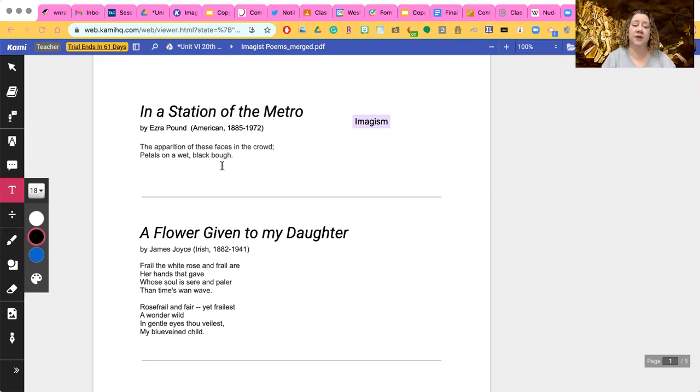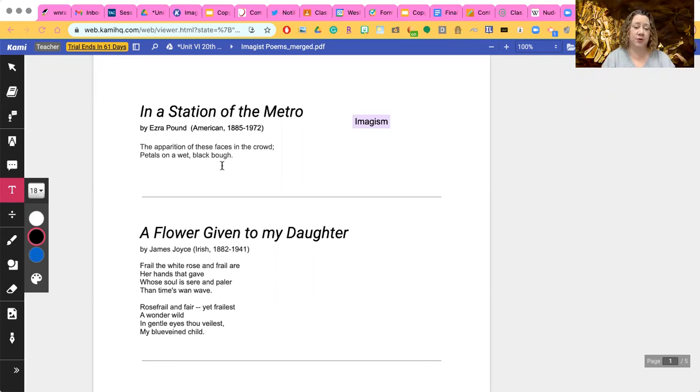The apparition of these faces in the crowd, petals on a wet black bough. So it's a metaphor comparing the faces in the crowd to petals that are sort of stuck to a branch of a tree. That's very different from Victorian poetry. And I'm hoping that you can see that, because they consciously said, we need to break from all that and do something different. And that's the excitement of modernist works.